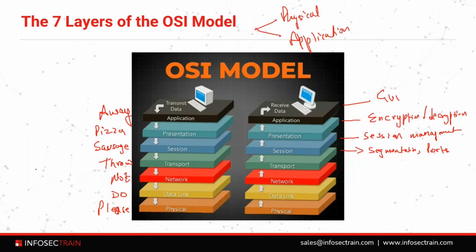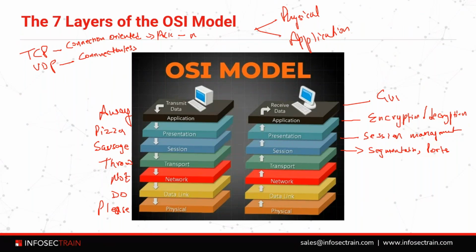There are two protocols used in transport layer, TCP and UDP. TCP stands for Transmission Control Protocol, UDP stands for User Datagram Protocol, and TCP is called Connection Oriented and UDP is called Connectionless. Why? Because TCP sends acknowledgement.